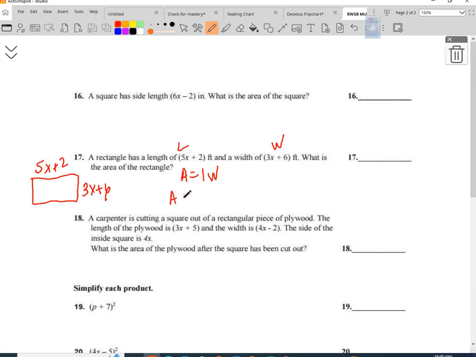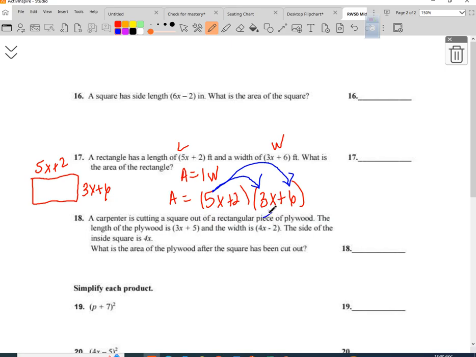That means we are multiplying 5x plus 2 times 3x plus 6. And then we're going to use the distributive property. Remember, this is where we draw arrows, from here to here, and from here to here. So 5x times 3x.